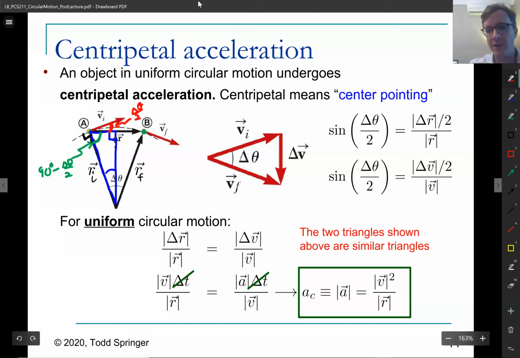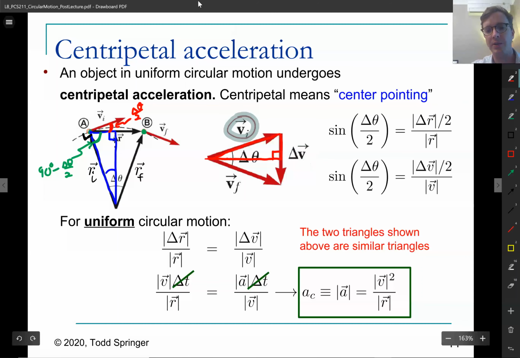So I can now draw another right triangle, which is this one, and this is 90 degrees. This triangle, which I'm now highlighting in red, I can use trig on. Sine of delta theta over 2 is equal to the opposite divided by the hypotenuse. The opposite is delta v divided by 2, because I bisected it into two pieces, and the hypotenuse is the velocity v.